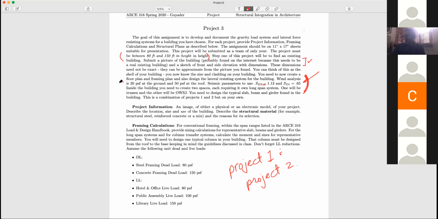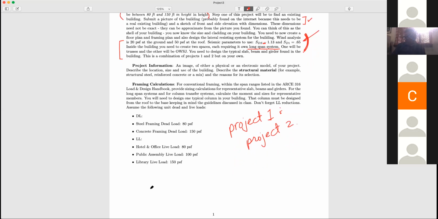Inside that building, you can read this, you're going to have two spaces that will require their own long span systems. So essentially, what you're going to be doing here is pretending that you are the engineer, and the architect brings the sculpture to you.